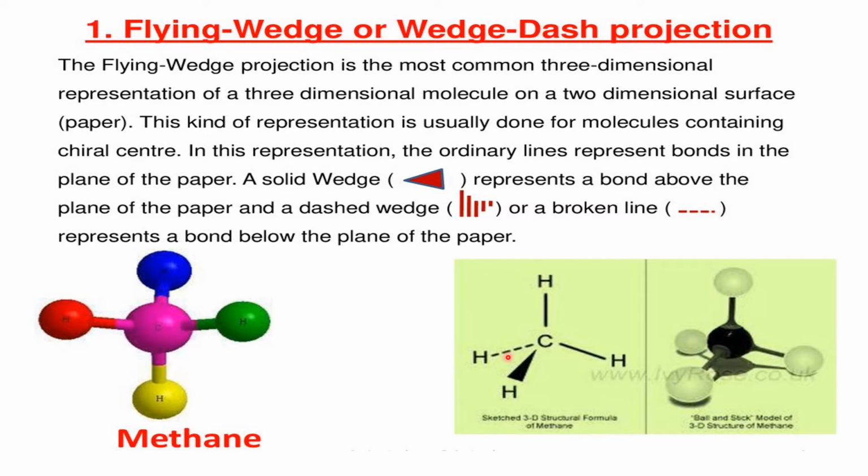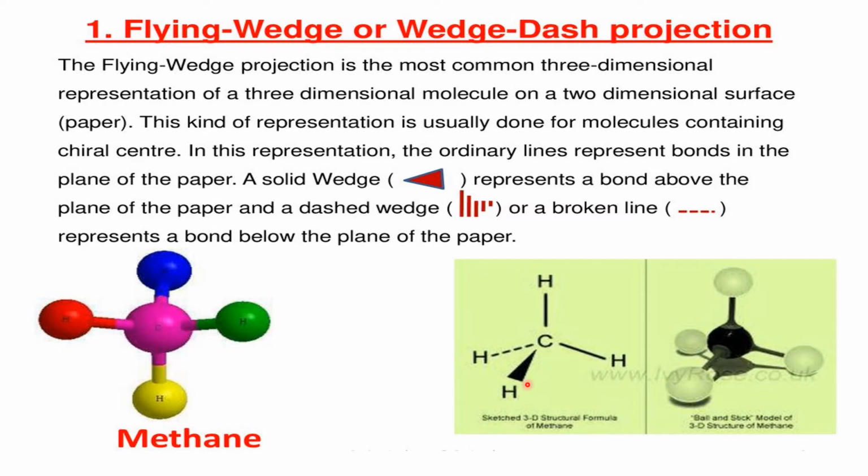We know the methane molecule is a tetrahedral structure. When we look into the methane molecule structure, this broken line carbon-hydrogen bond clearly indicates that the bond is back from the plane of the paper, while the solid wedge clearly shows this carbon-hydrogen bond is above the plane of the paper, projecting towards us.